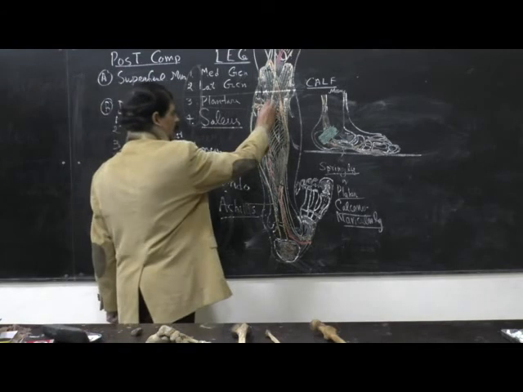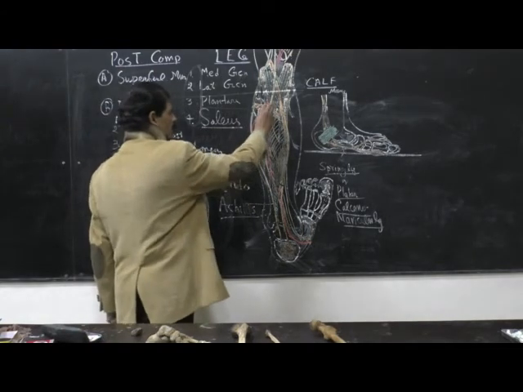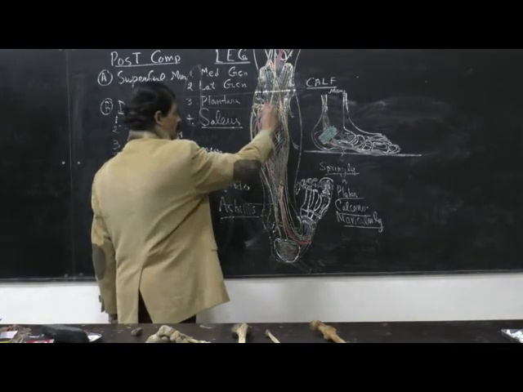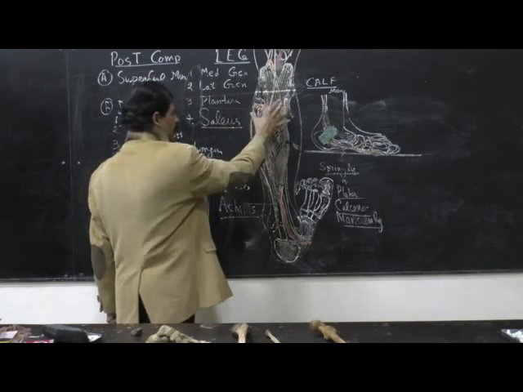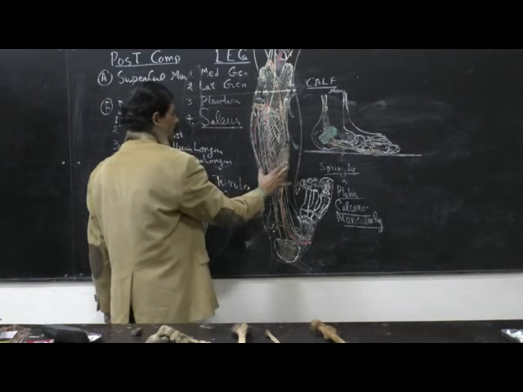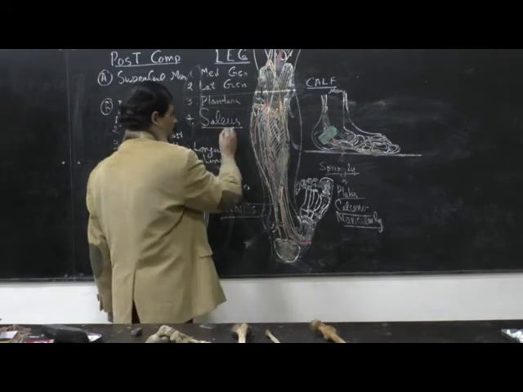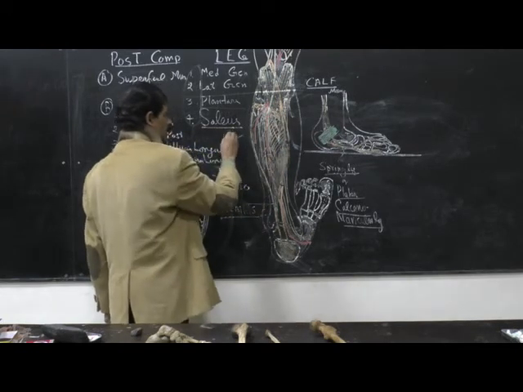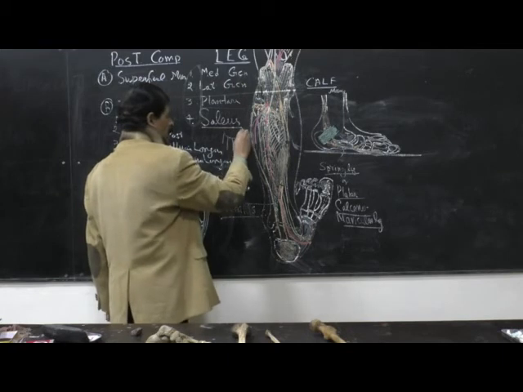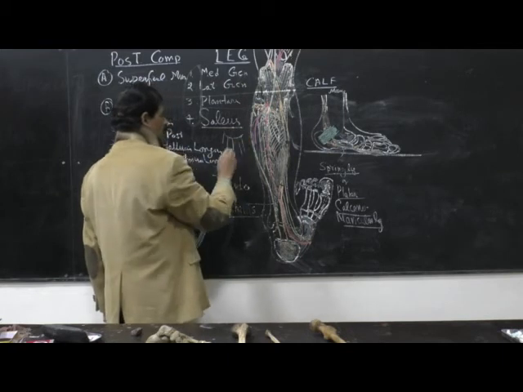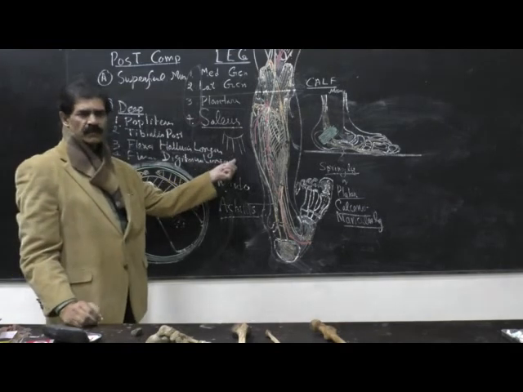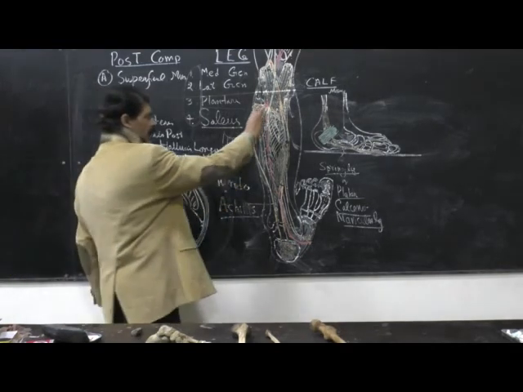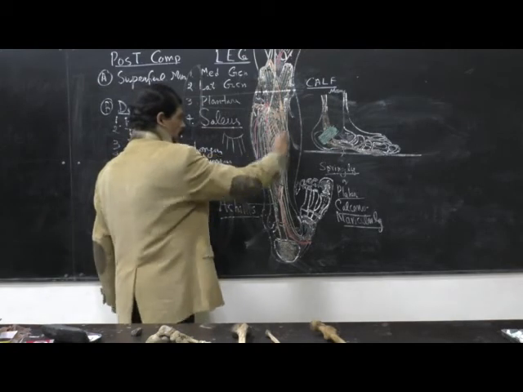Especially the branches to the soleus muscle are multiple, because the soleus is quite a broad muscle in the upper and middle part of the leg. The branches of the tibial nerve supplying the soleus are like sun rays. So multiple branches supply the broad soleus muscle.